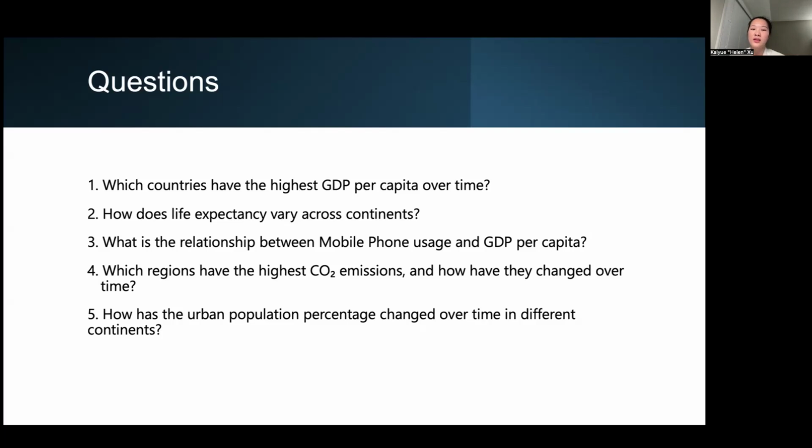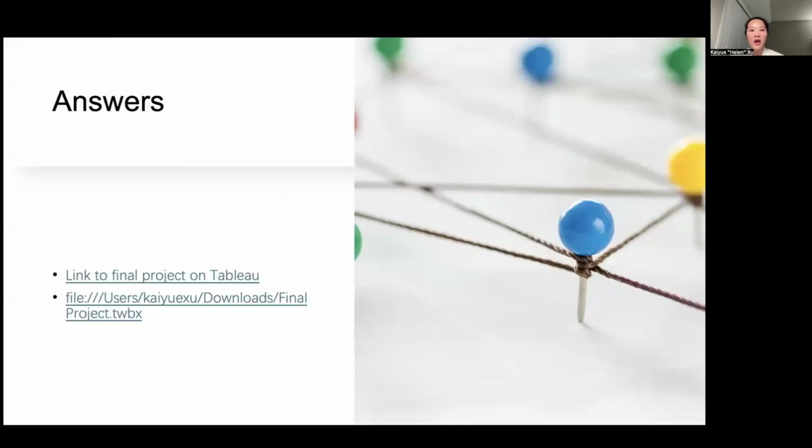For the third one, the relationship between mobile phone usage and GDP per capita. The fourth one is which region has the highest carbon emissions and how they have changed over time. For the fifth, I was thinking about how the urban population percentage changed over time in the different continents.